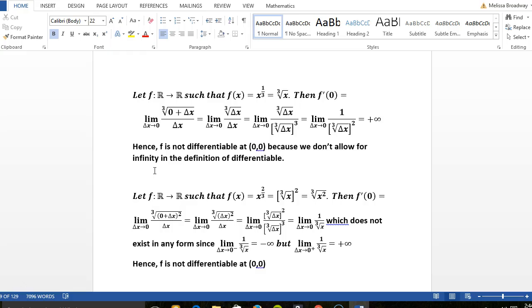Okay. Now, here's the thing, though. With the cube root, we get a slope, f prime equals positive infinity, but we don't allow for that to be classified as differentiable. The cube root, anywhere that's not 0, is differentiable, but not at 0 itself. Notice, though, it did have a predictable direction.